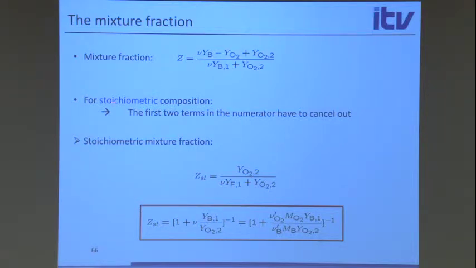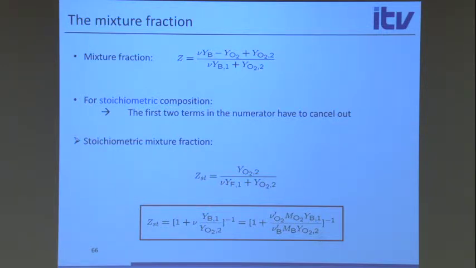And then for stoichiometric combustion, Y_B and Y_O2 have to disappear. And you see they do, because this is again the stoichiometric mass ratio. So the stoichiometric value of mixture fraction comes from the definition where these two are 0. So this stoichiometric value would be Y_O2,2 divided by this denominator.